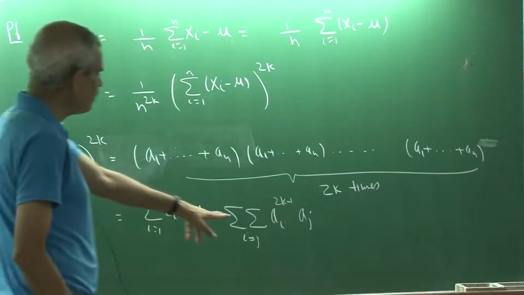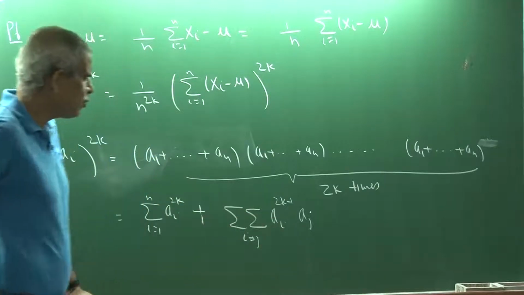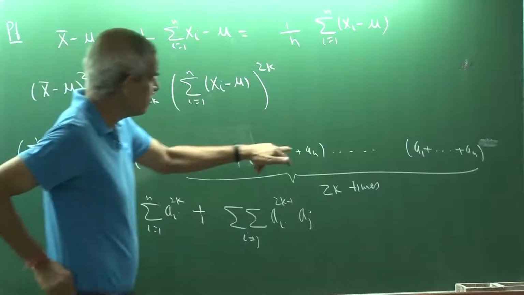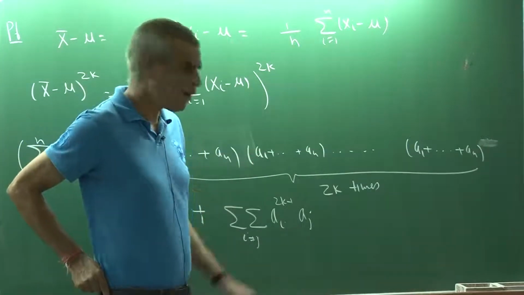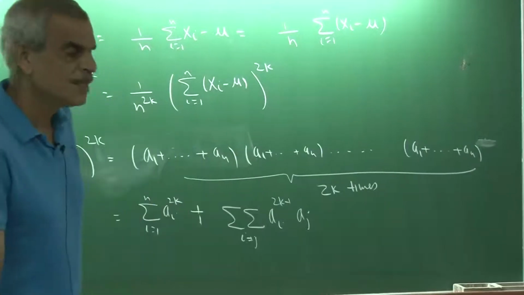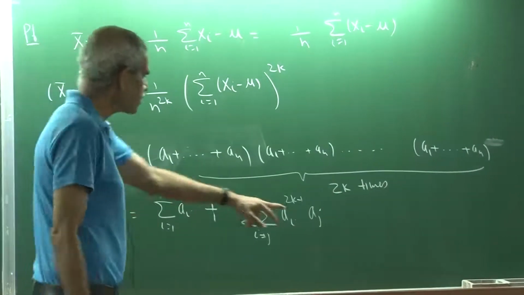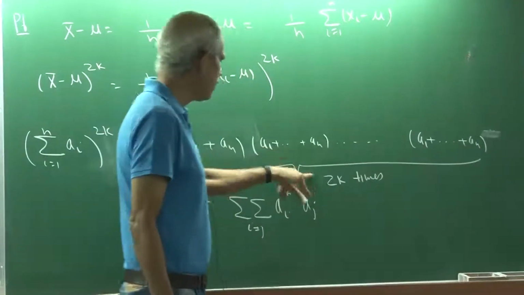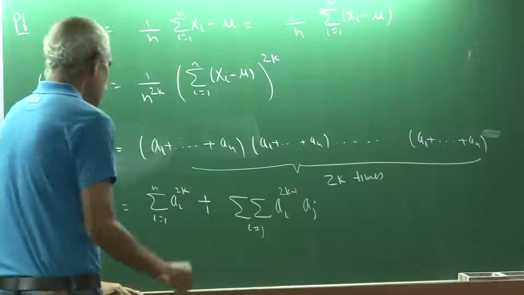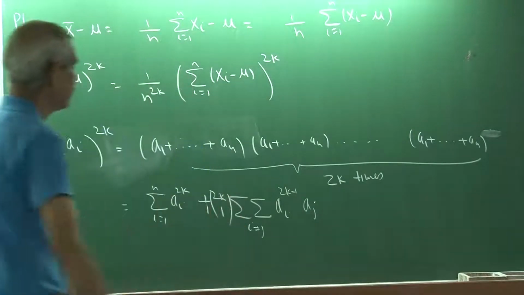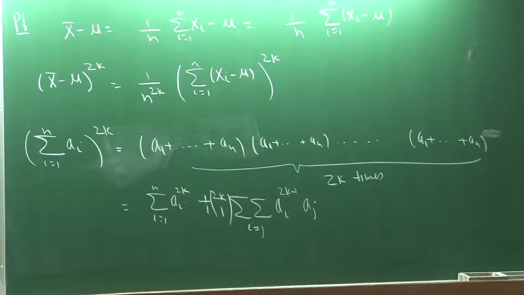For example, if I am looking at a1 to power 2k minus 1 into a2, a2 can come from any one of the 2k places, so that would be 2k choose 1, ai to power 2k minus 1 aj.